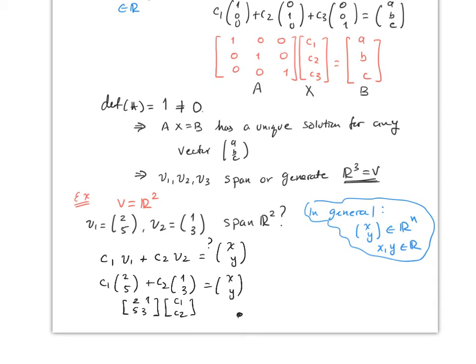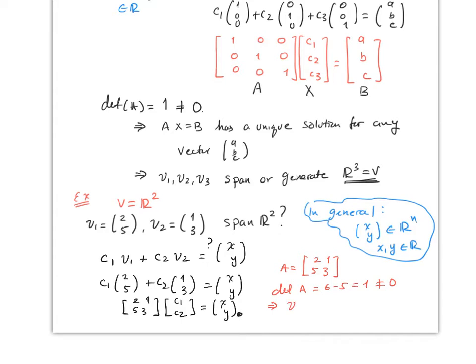This is exactly the same thing as the previous problem, actually even easier, because this is 2 by 2. So here, the matrix A is equal to [2, 1; 5, 3]. The determinant of A is equal to 6 minus 5, which is 1. Again, this is not equal to 0. That's all that matters.